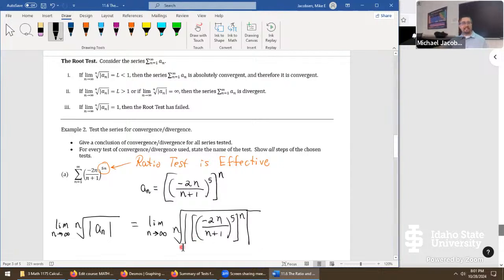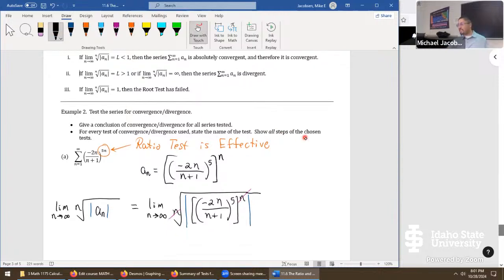That's almost kind of dizzying to our eyes, but let's see if we can help that out a little bit better. Let me just give the absolute value bar a color so it doesn't look like we're trying to hypnotize ourselves. So this configuration, the major reason we use the root test is because this nth root cancels that nth power. So we're left with just the absolute value of all of this to the 5th power.